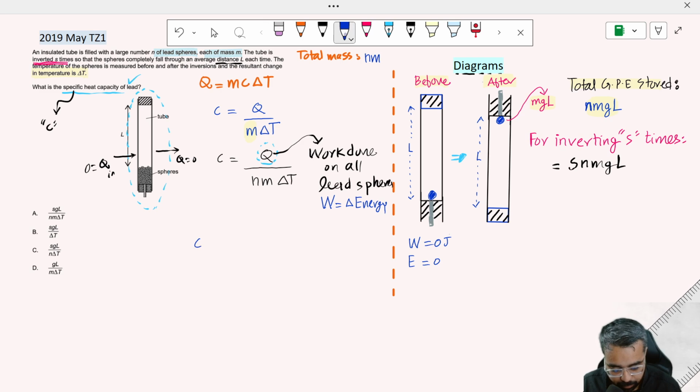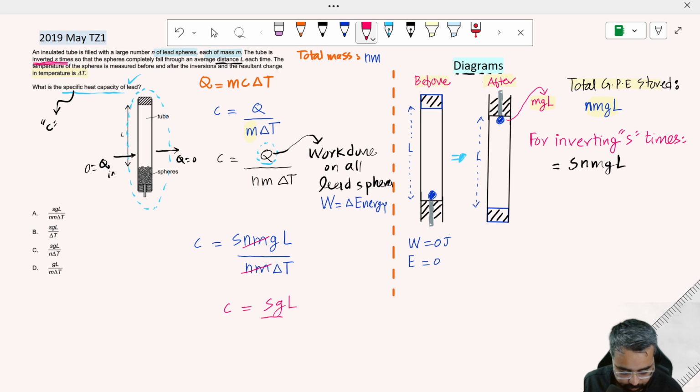So we put the values over n m delta T. Delta T is the change in temperature, so n m cancels out, and finally our answer is s g L over delta T. So that should be option B. I hope you understand this solution.